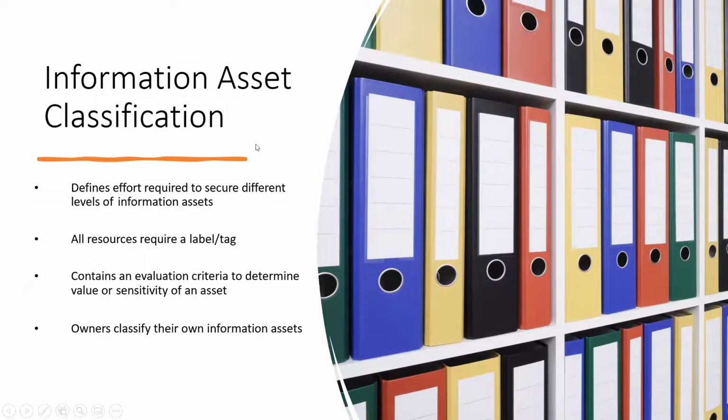The idea behind classifying information assets is that not each information asset is of equal value. We can't secure everything, so we're seeking to secure information assets of value to our businesses, to our organizations.